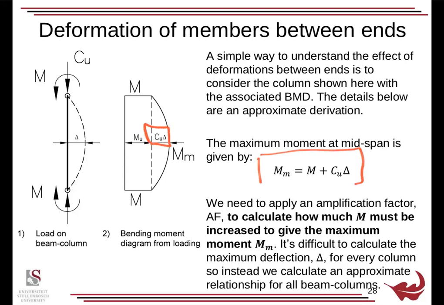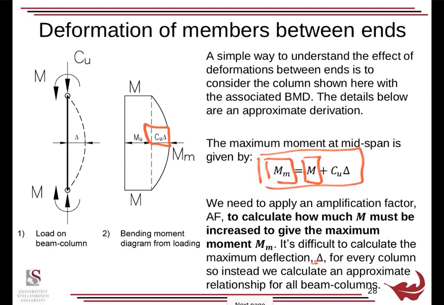That gives us the maximum moment. This M we'll get from our finite element model, and that's what we'll be designing for, but we actually need to increase its influence to get it up to M subscript M, the maximum moment. So we need some sort of amplification factor. It's difficult to calculate the maximum deflection delta for every column, so instead we calculate an approximate relationship for all columns.